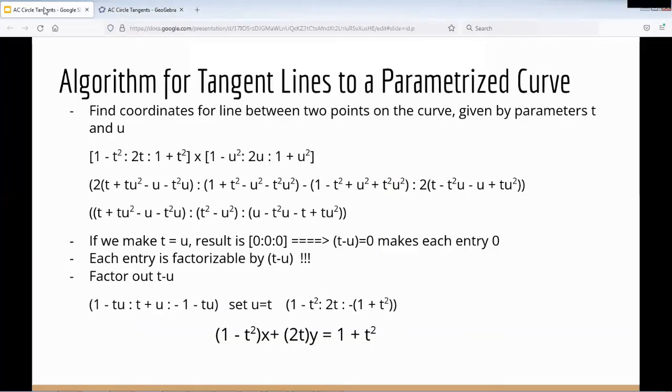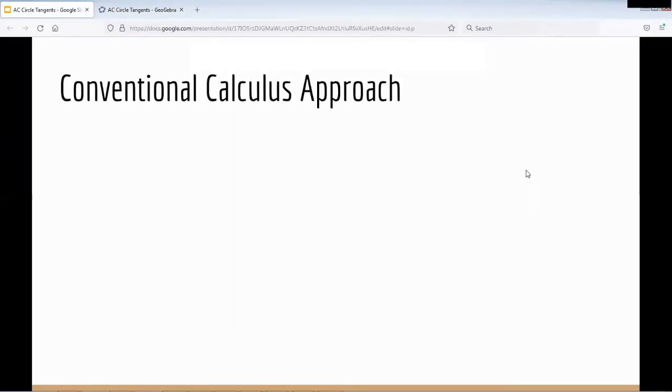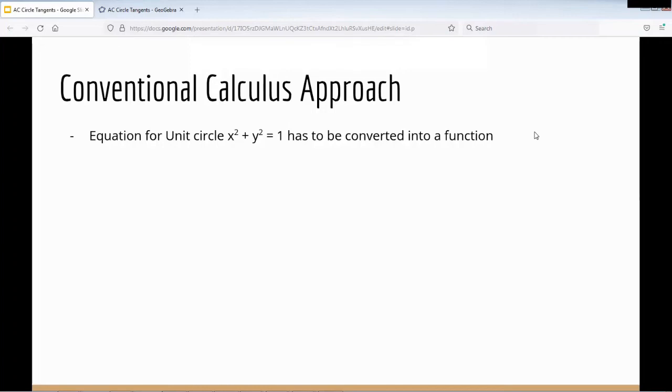So let's move on real quick. I'm not going to take as much time because you are probably already familiar with some of this stuff. If you're not, that's okay. So if we want to do this with conventional calculus, one of our problems at least is that we need to write this as a function.